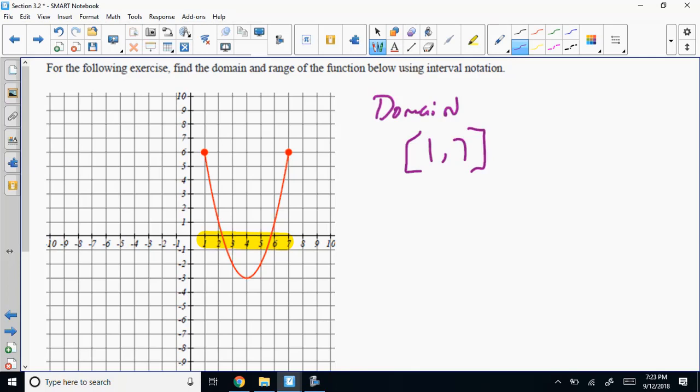So if you ask yourself, how far to the left does it go? Well, it goes to who? 1. How far to the right does it go? It goes to just 7. Those are called leading questions. So if you ask leading questions like that on the domain, what do you think we'll ask for the range? Yeah. How low does it go? -3.